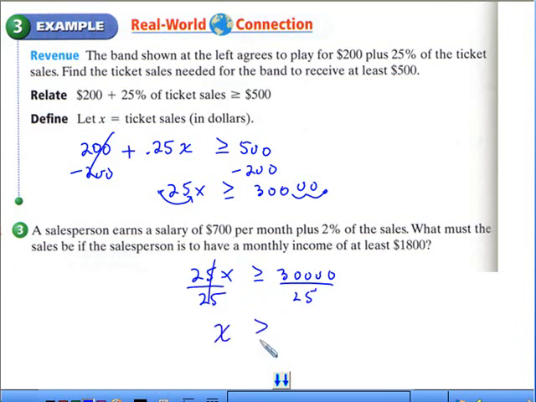So x is going to be greater than or equal to 30,000 divided by 25, and that'll give us 1,200. So the band needs at least $1,200 in ticket sales in order to make at least $500 profit for playing.